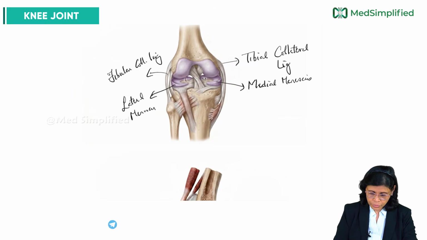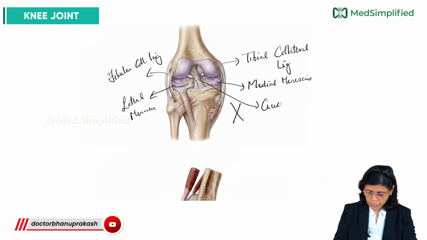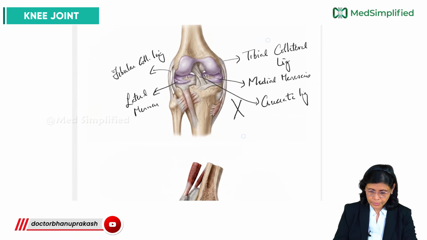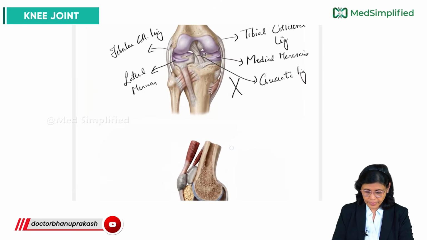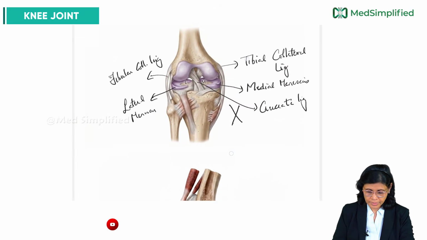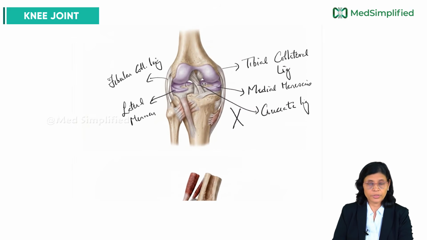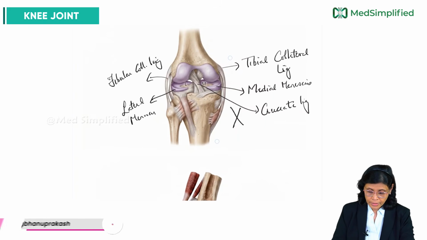Then we have the cruciate, X-shaped, ligaments, anterior and posterior cruciate ligaments. These are very important ligaments which provide support to the joint.